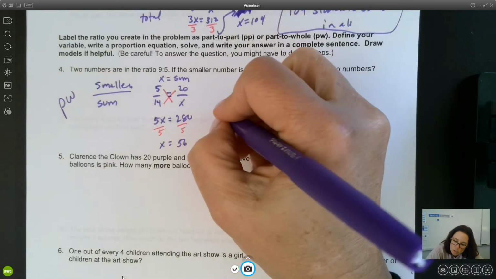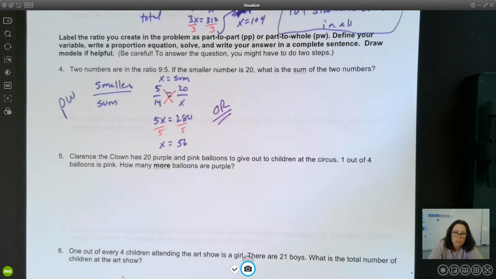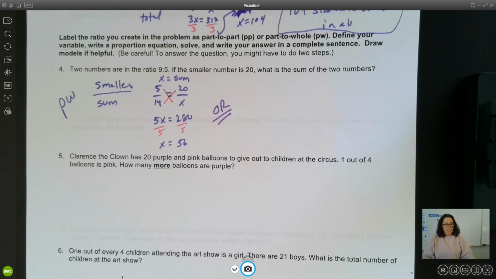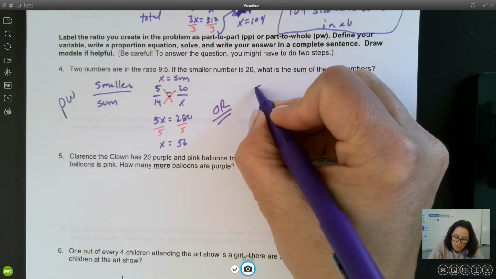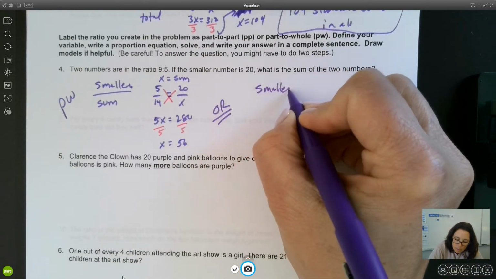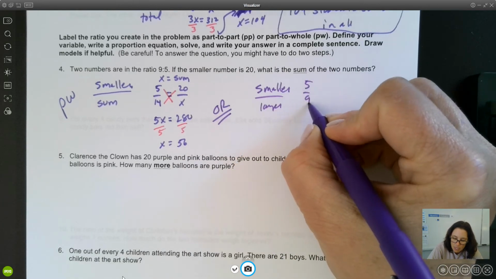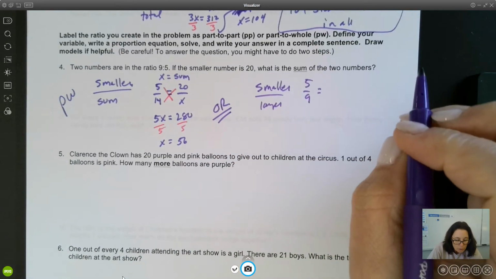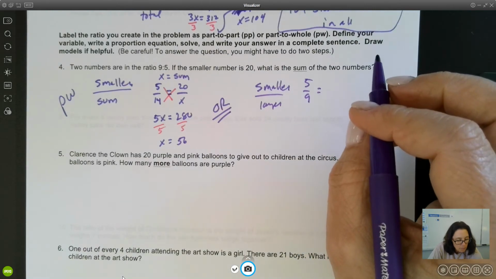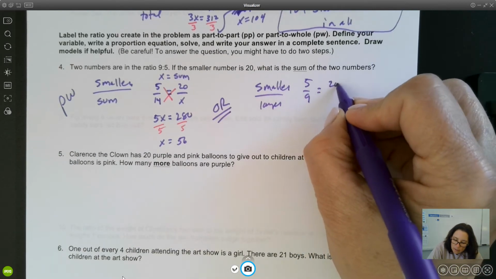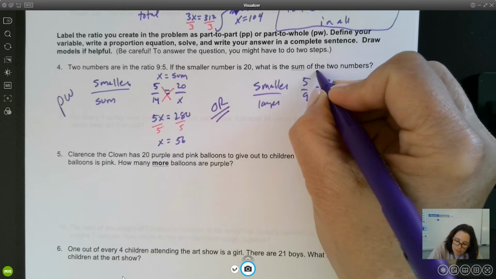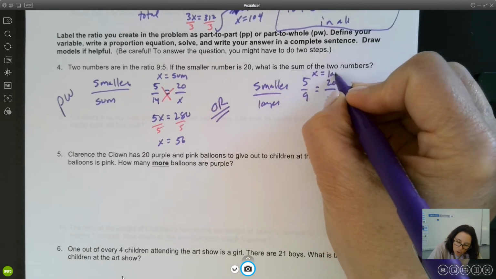Okay, I'm going to show, this is the only one I'll show. There's another way. This is what I mean by there are more than one way. Okay, so I'm going to use this time smaller number over larger number. 5 over 9 equals 20 over x. Now this time the x stands for the larger number.